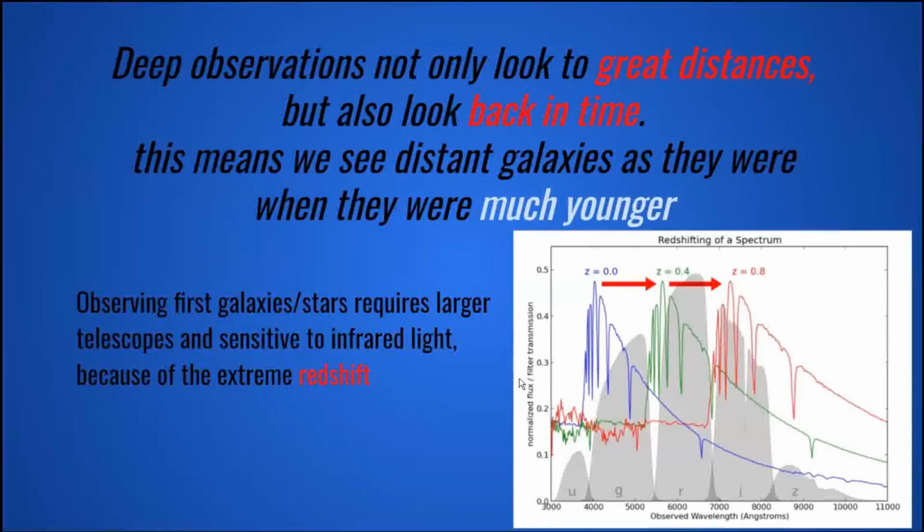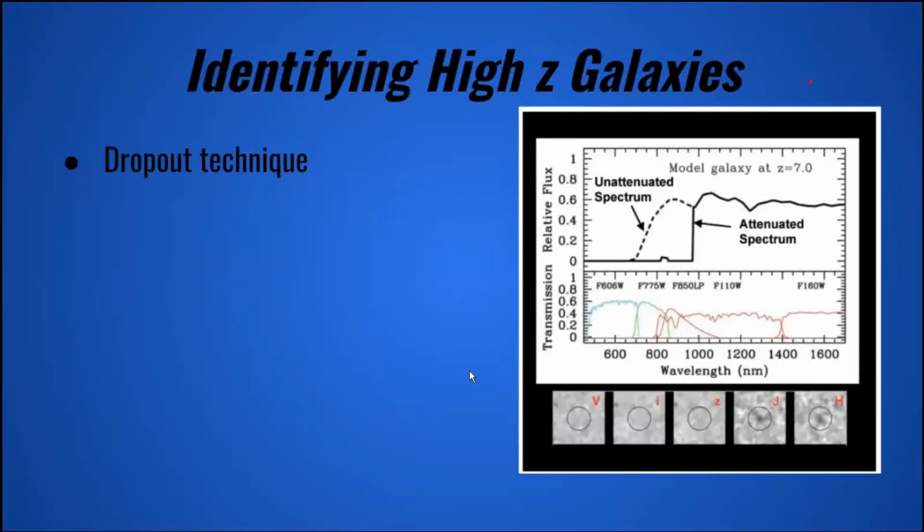We are looking at galaxies that are young, and they are not what they're like now, but it gives us an indication of what the universe looked like before and how it evolved to where it is today. We need big telescopes, and as I said, we need to go into the infrared, as you probably know, given that the James Webb is mainly an infrared telescope.